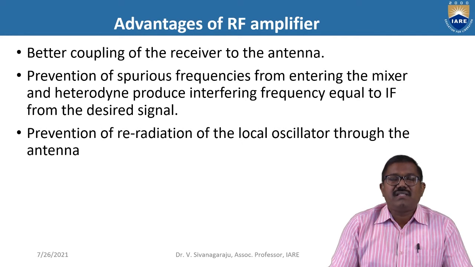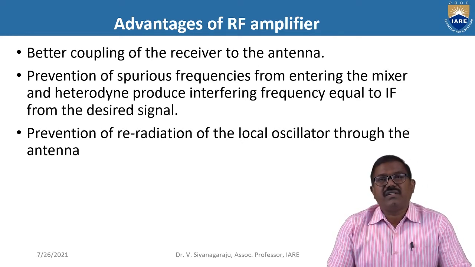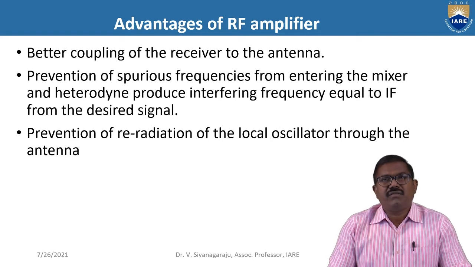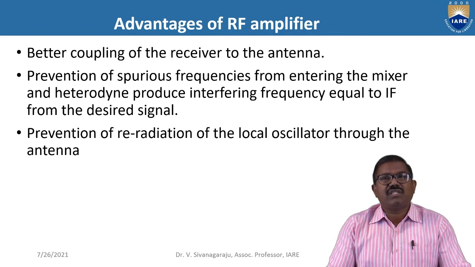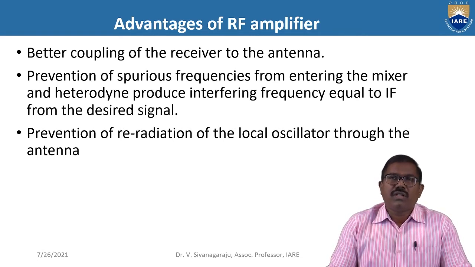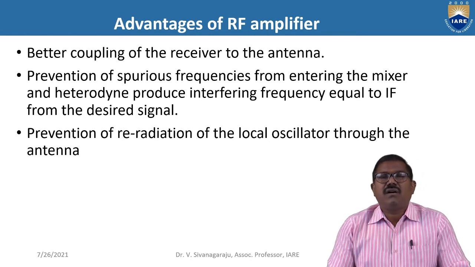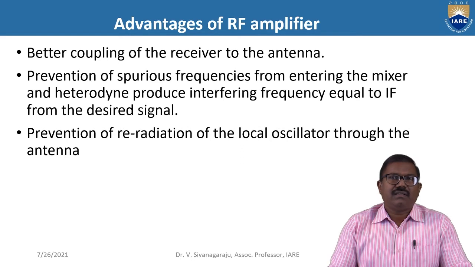Why? Because the antenna is the first part of the receiver. So any receiver has an antenna, and by using that antenna the signal is collected. If the coupling between the antenna and the receiver is not good, how is the signal collected?